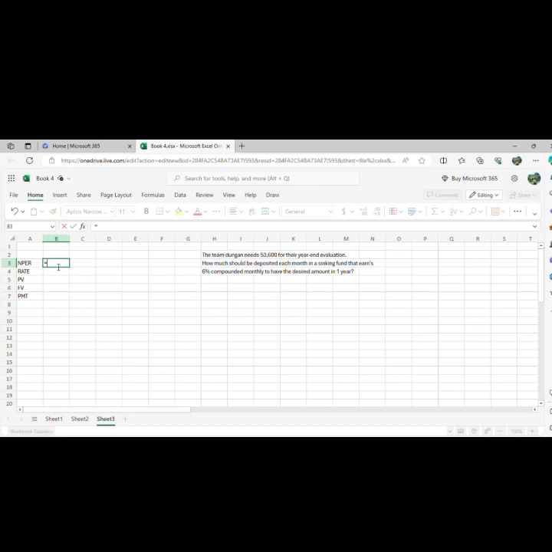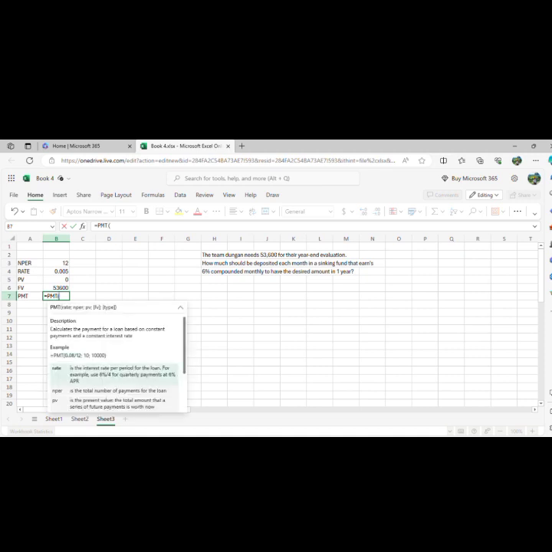For NPER, it is the number of compounding times the time, in this case 12 times 1, and the rate is the interest over the number of compounding. For PV or the present value, we input 0 because we don't have any present value in this problem. For the FV, that is the 53,600.